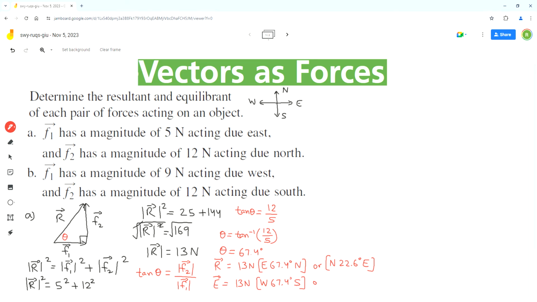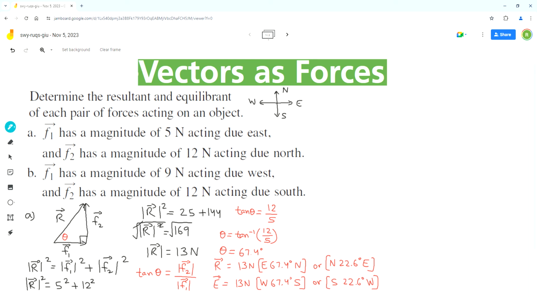Or if you want to use the other angle, then it will be south, and then 22.6 degrees, then west. So we can write the answer using either direction. So this should be the final answer for part A.